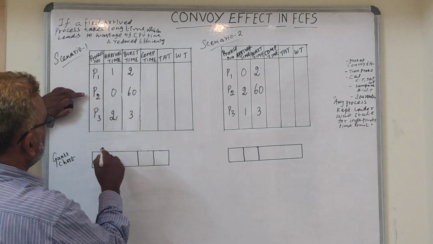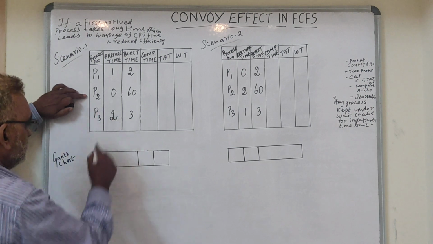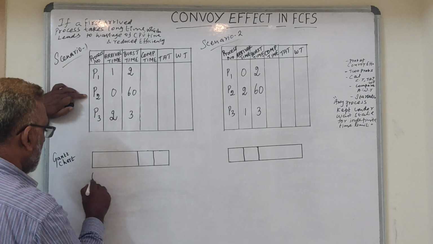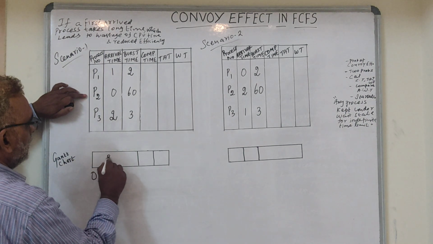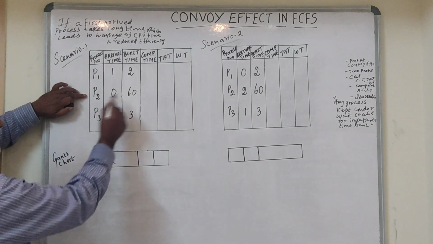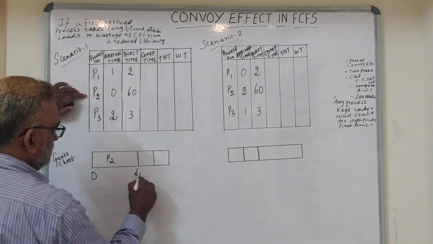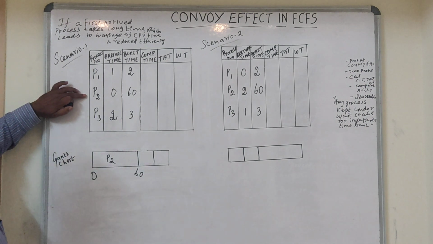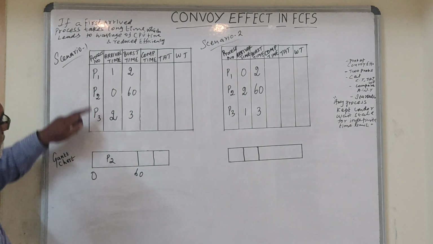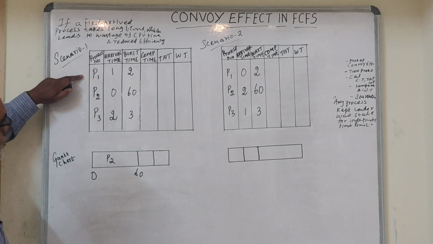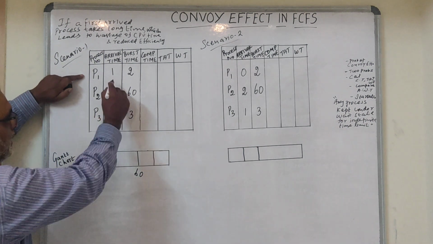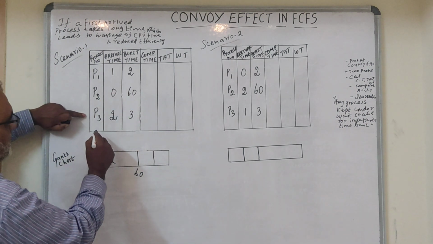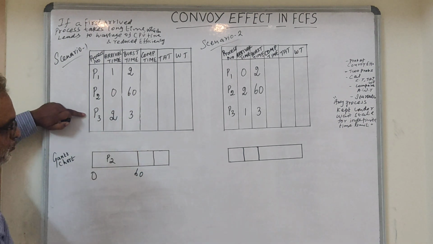The very first process that enters is P2. At time 0, P2 enters, and its burst time is 60. So from 0 to 60, during that time period, two processes have entered: P1 at time 1, and P3 at time 2.